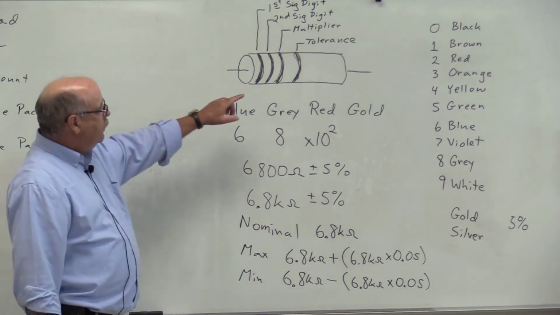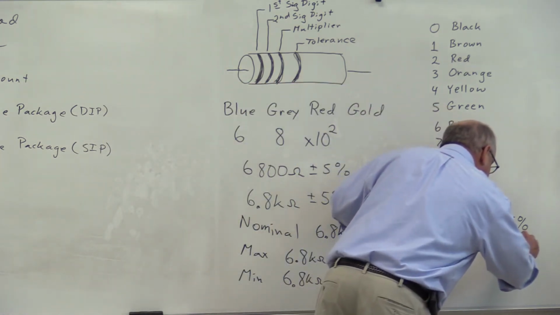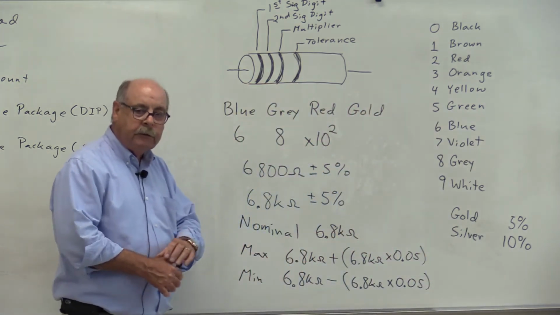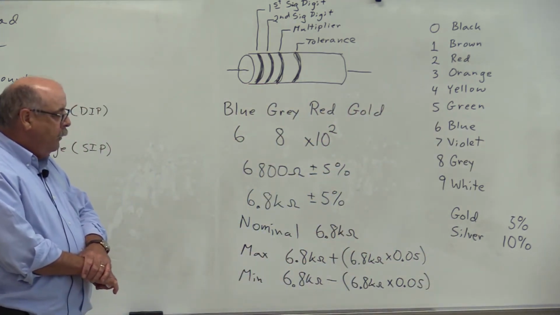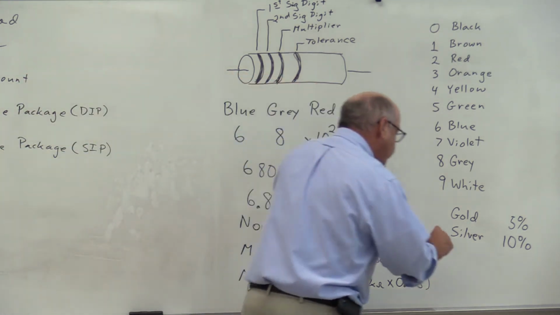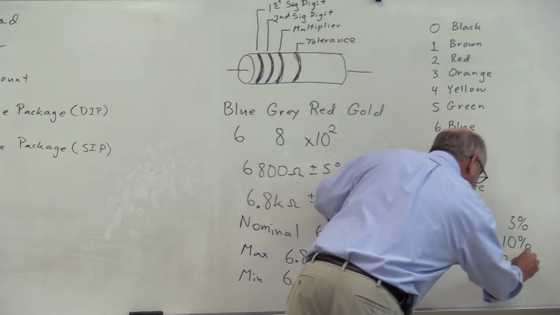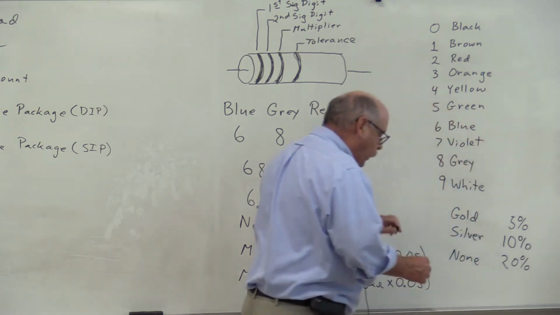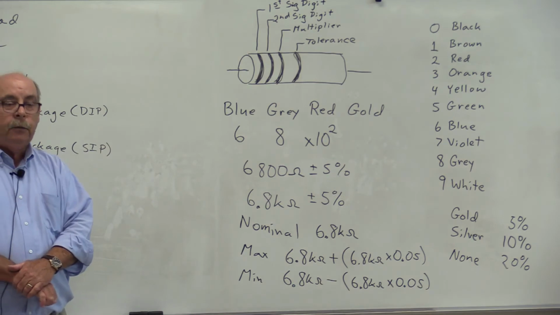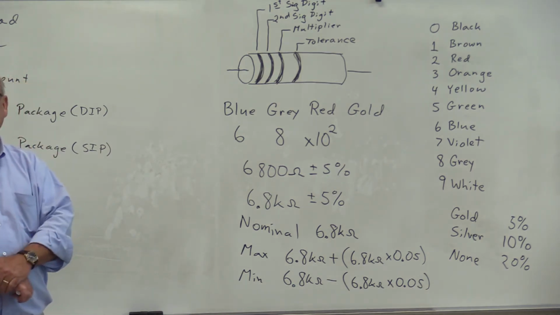Now, if the tolerance band is silver, that represents a 10% tolerance in the resistor value. Now, you may see some old electronic equipment where there was no tolerance band, and that would represent a 20% tolerance, but I'll be honest, I haven't seen a 20% tolerance resistor in the last 30 years.